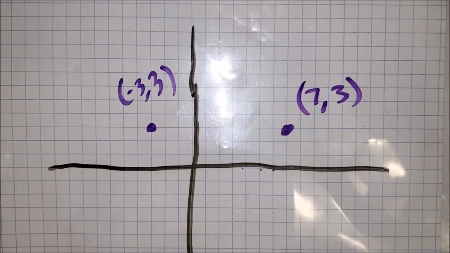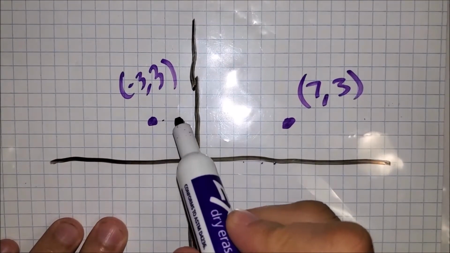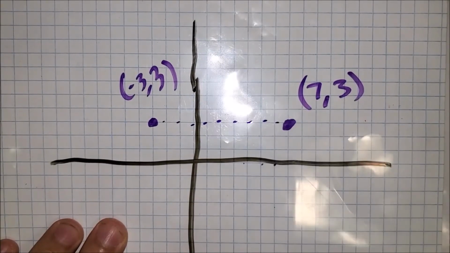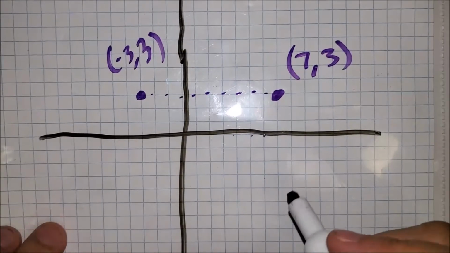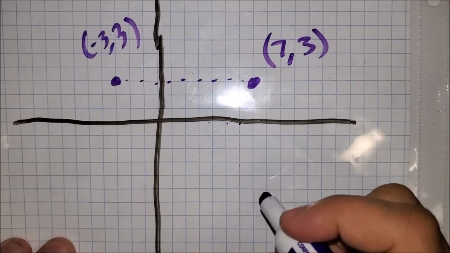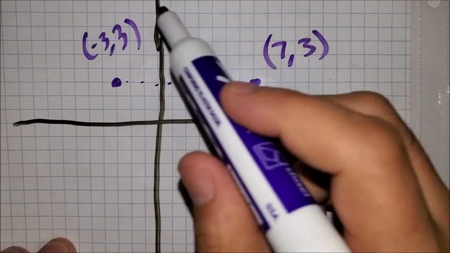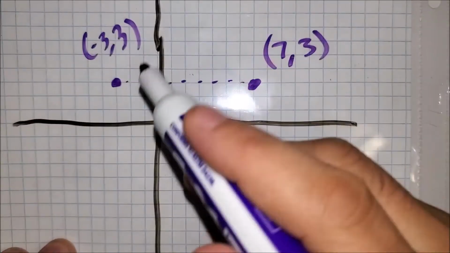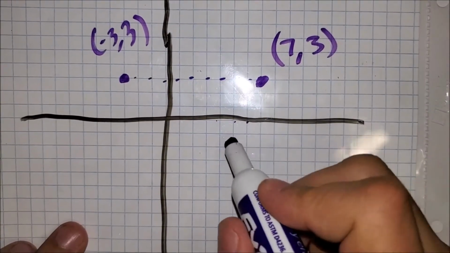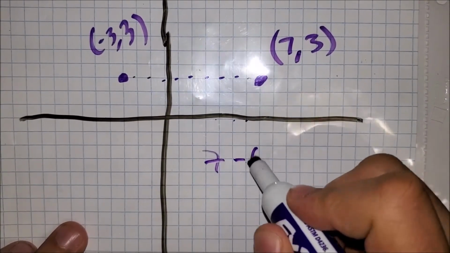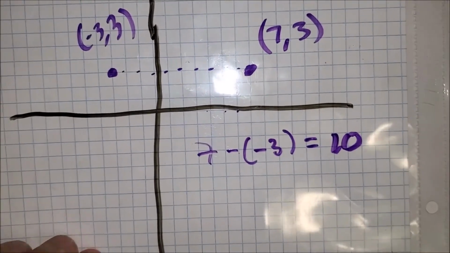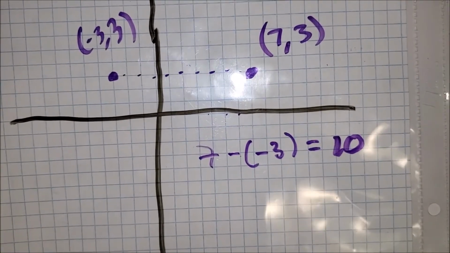If we counted the distance between these, you'd see 1, 2, 3, 4, 5, 6, 7, 8, 9, 10. So this is a distance of 10 units. Notice that the y doesn't change, so we only need to worry about our x and this horizontal distance. If we took the difference between these, 7 minus -3 equals 10. That's the horizontal distance.